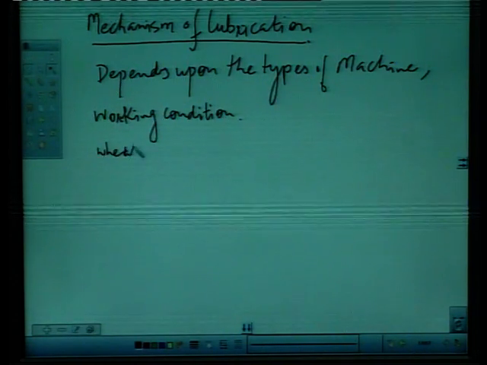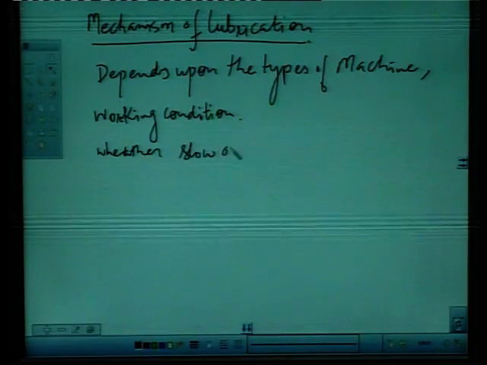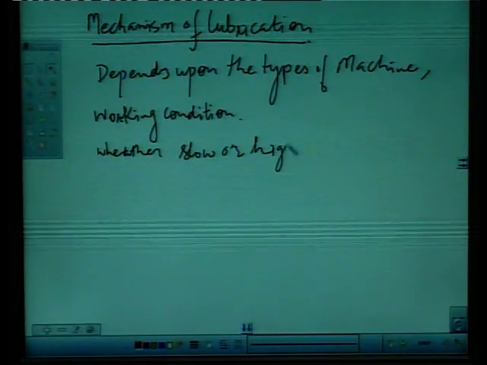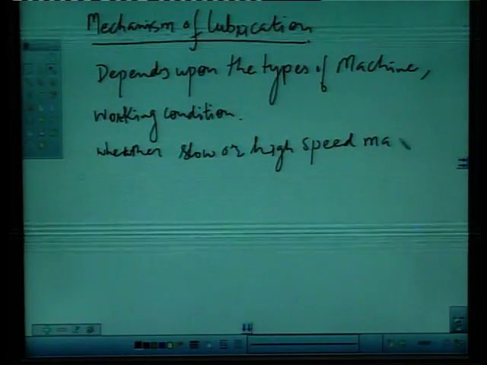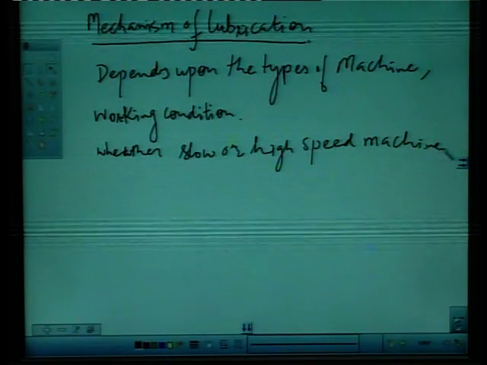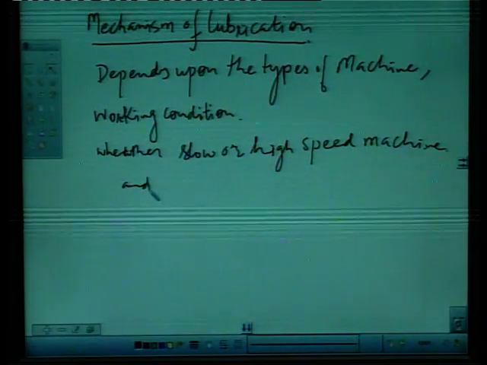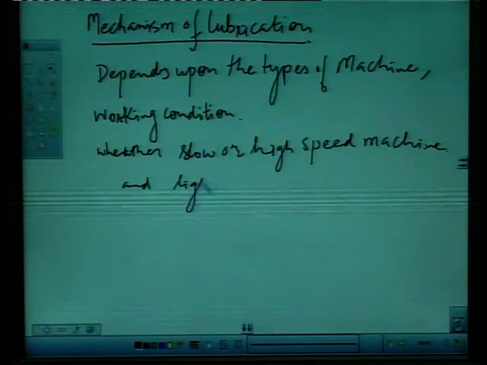It depends on whether it is a slow or high speed machine, and light or heavy machinery.